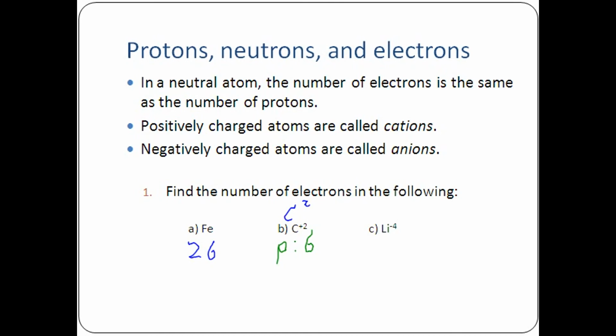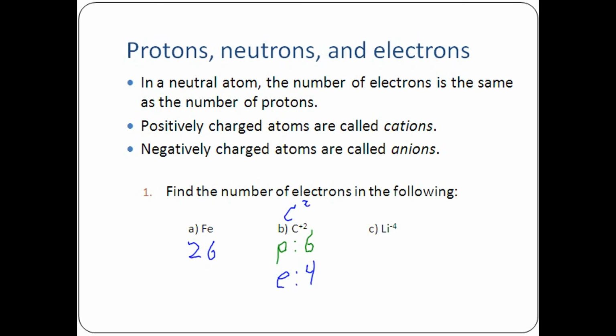If this has a charge of positive 2, that means there have to be 2 more positives than there are negatives. And so if there are 2 more positives than there are negatives, that means that there are 6 protons, but the number of electrons is going to have to be 4. Because there are, in this case, 2 more protons than are electrons.